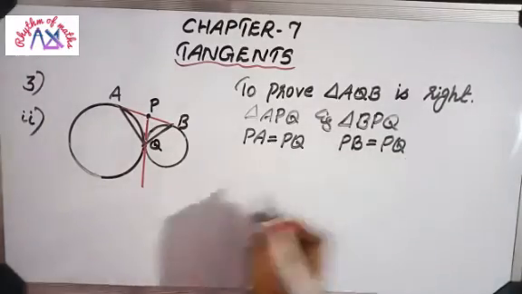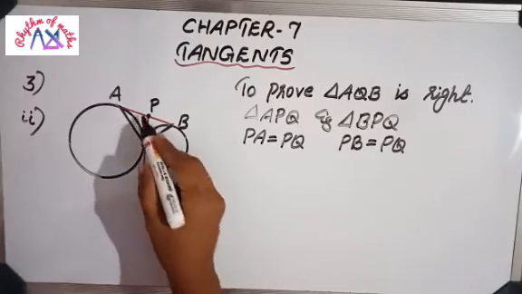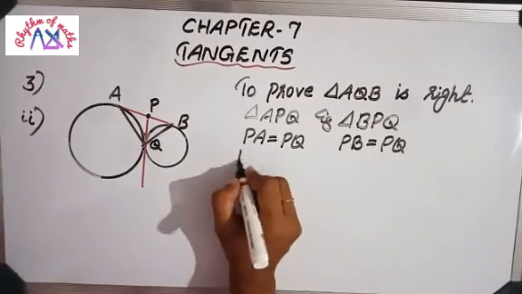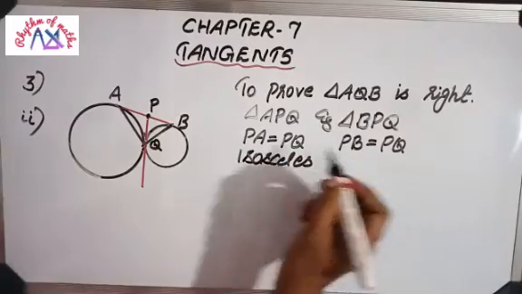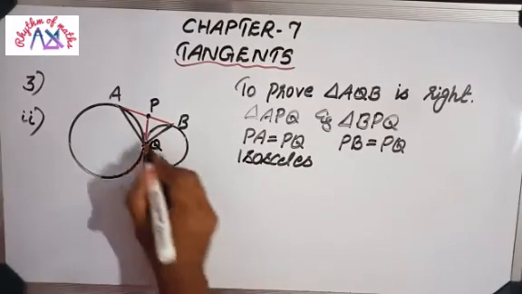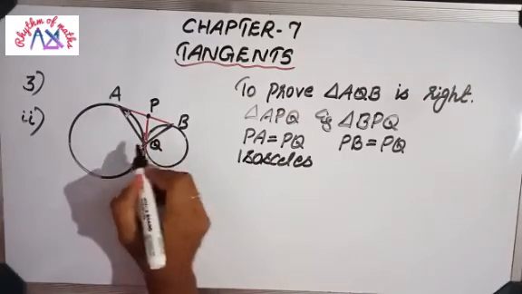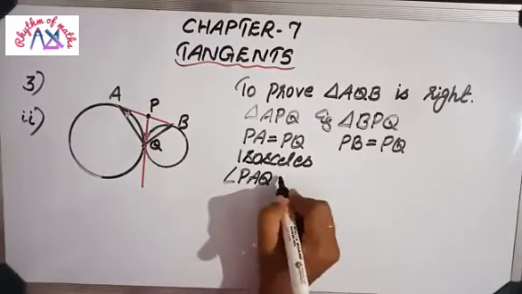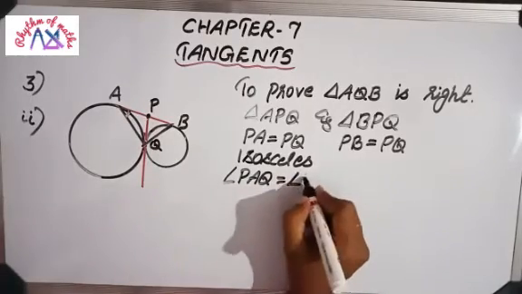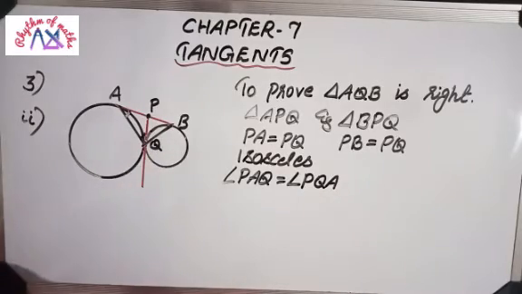This we already proved. So for the first triangle, PA and PQ equal means this is an isosceles triangle. Both are isosceles triangles. That means angle PAQ is equal to angle PQA. These two will be equal angles.